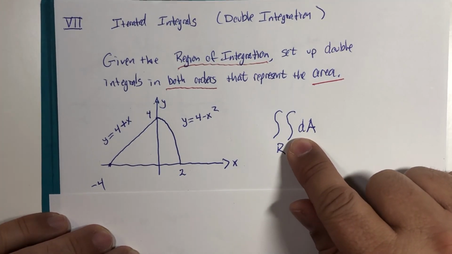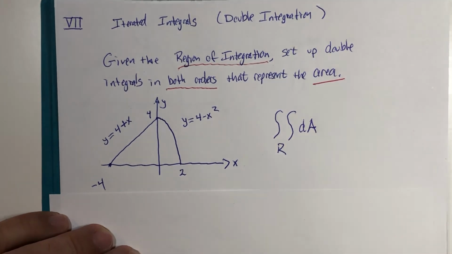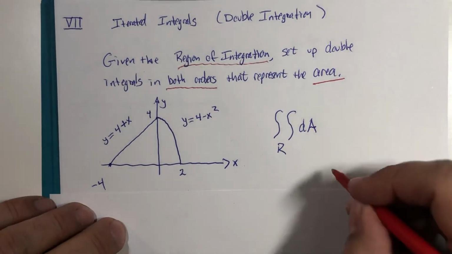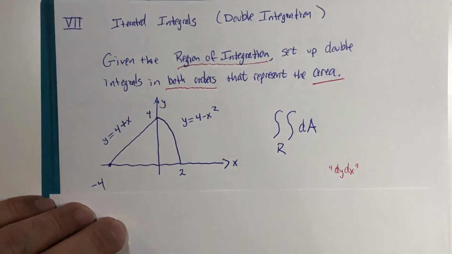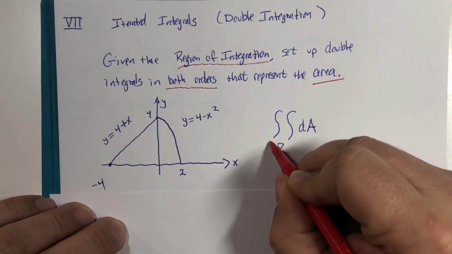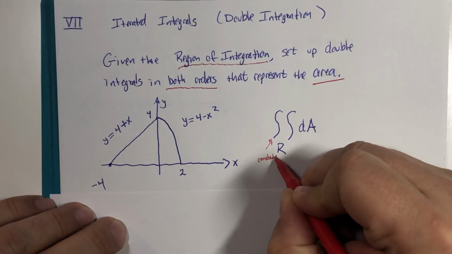You have to go back a few episodes to see that, but you should do that. So we're going to set up both orders of integration. That means we'll start with dy dx and see what we can make of it. And remember, when we integrate, this last integration here must have constants.